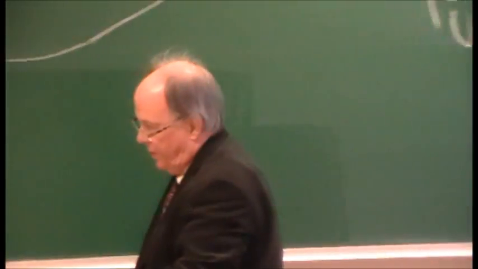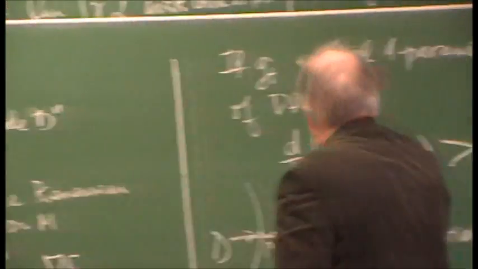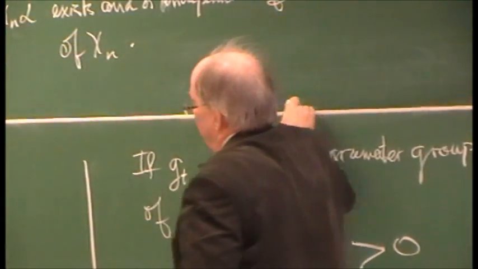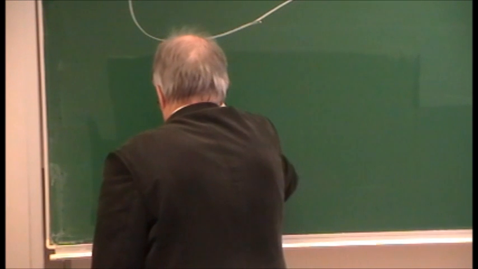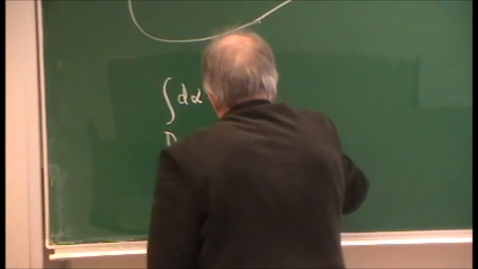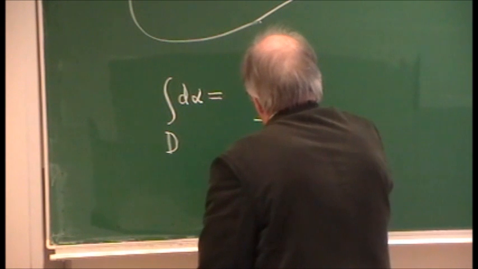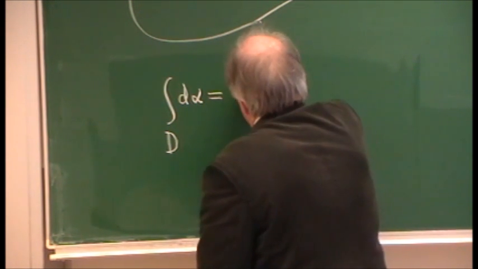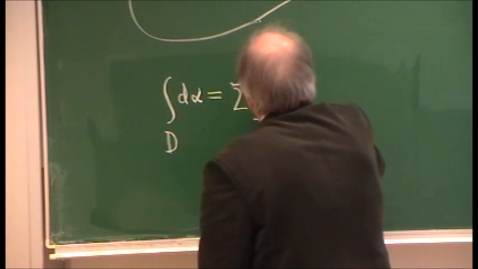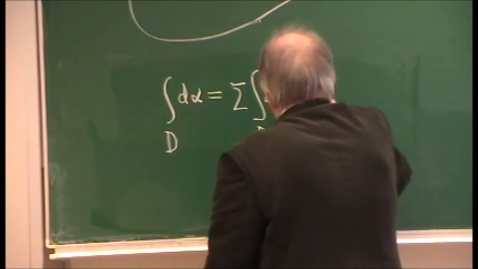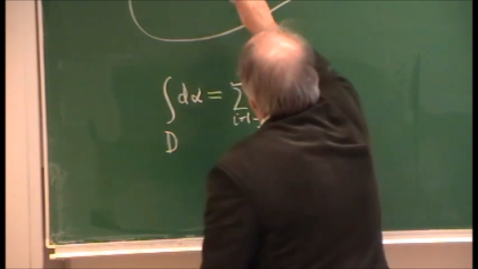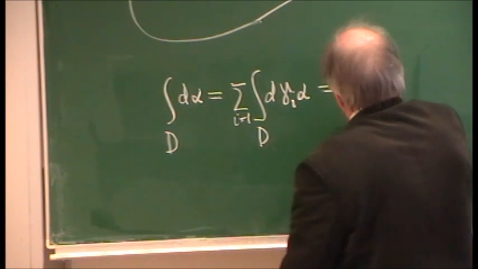So I'm going to suppress this limiting process here, and I'm going to leave that just up to you. I'm just going to integrate here over this stuff. So the integral of D alpha equals the integral, and now I use partition of unity for this covering, over D, sum of the partition of unity, gamma I times alpha over I, for these orientation preserving things.